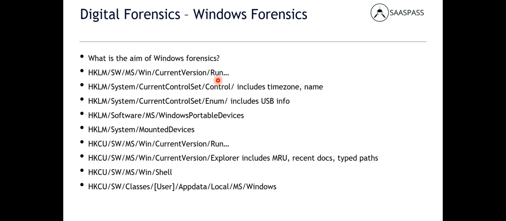The next thing to do in an investigation is checking the time zone and the computer name, because the time zone and computer name first may give you relevant and valuable information, and the second thing, everything written in the registry is most of the time written in UTC, the universal time format. So to convert this UTC value into a usable, understandable value, you need to use some tool together with the time zone information.